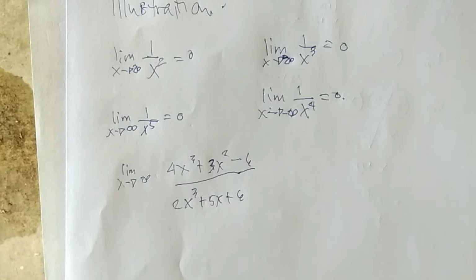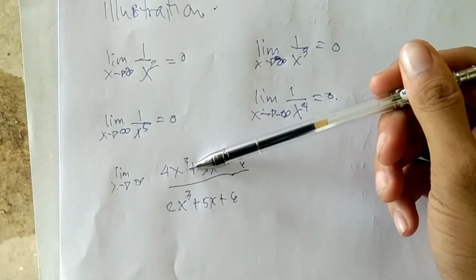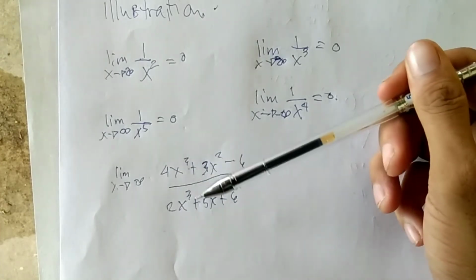So, the first move is to find the highest exponent on both sides.